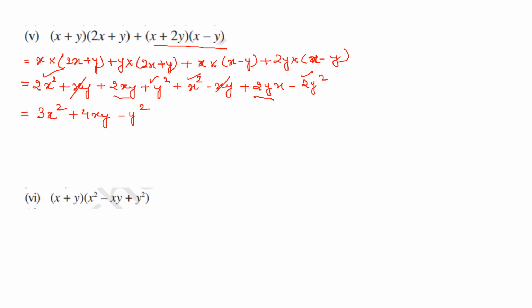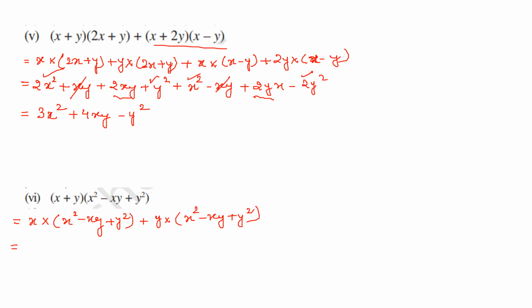Now next question: (x plus y) multiplied with (x square minus xy plus y square). Here you have to multiply a binomial with a trinomial. So first multiply x with the trinomial x square minus xy plus y square. Then y again multiplied with the trinomial x square minus xy plus y square.